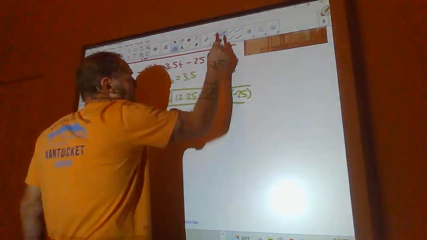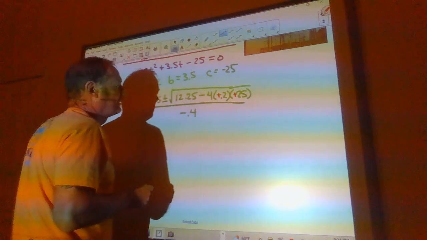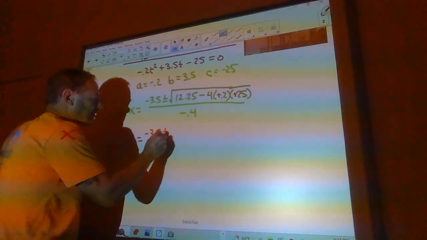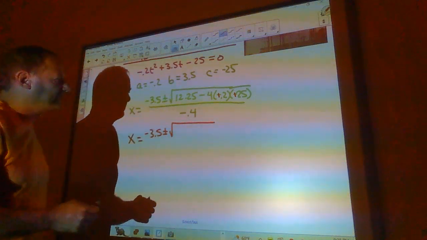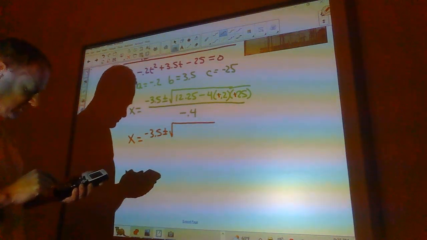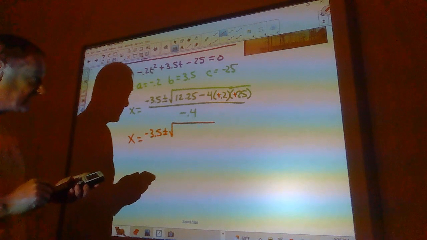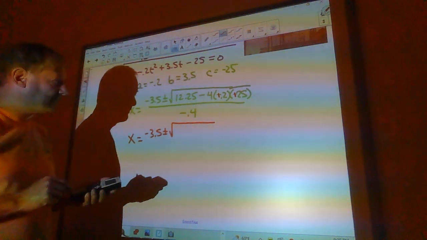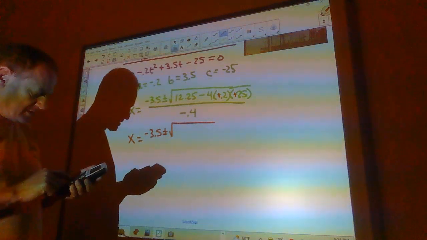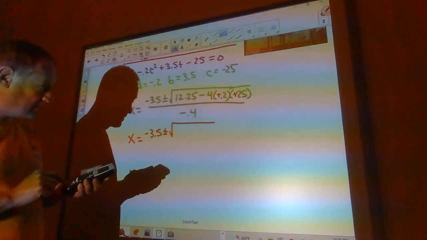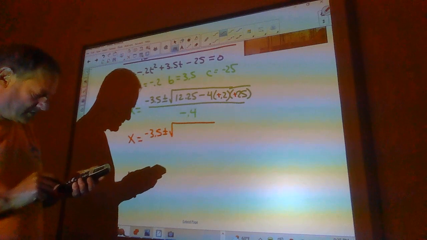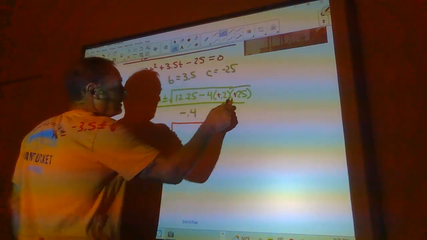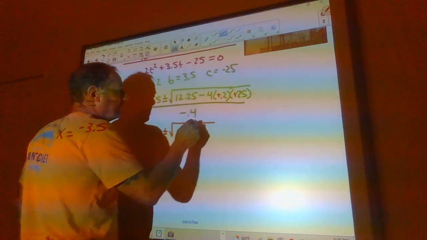Then we've got some negatives that cancel out here, and I get x equals -3.5 plus or minus the square root. This is going to be 12.25 minus, let's see, 4 times 25 is 100, times 0.2, so that's going to be 20.